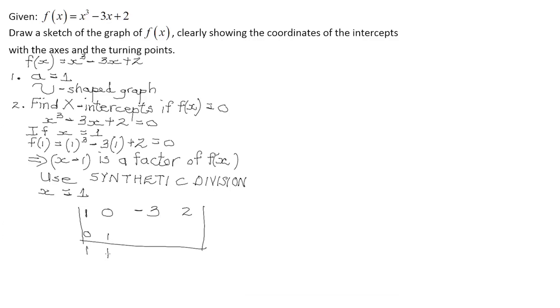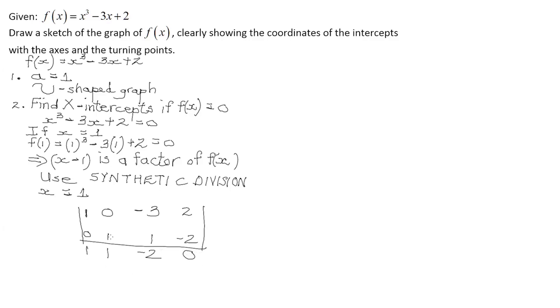Are we all together? 1 multiplied by 1 is 1. -3 and +1 is -2. -2 multiplied by 1 is -2. 2 and -2 is equal to 0. In other words, that illustrates to you that there's no remainder.